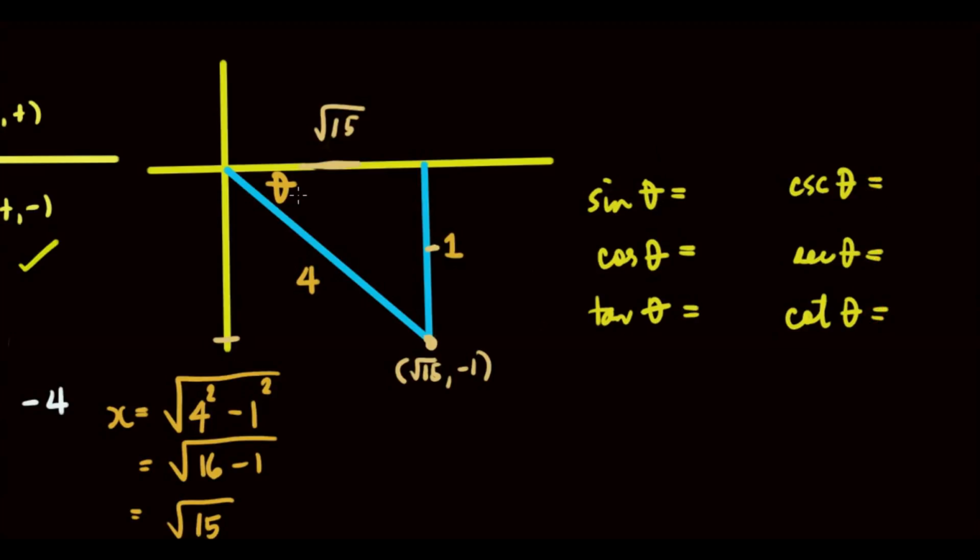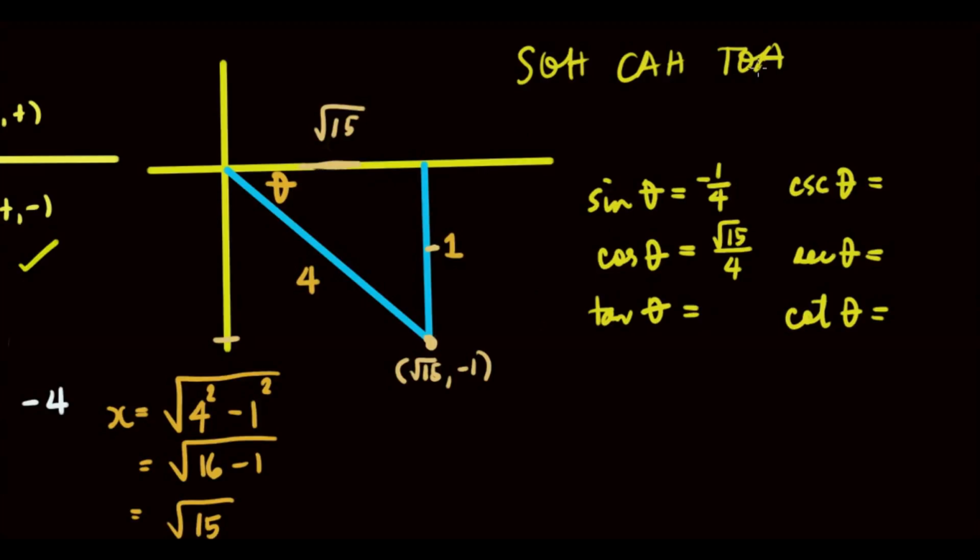Sine theta is opposite over hypotenuse, so it's negative 1 over 4. Cosine is adjacent over hypotenuse, square root of 15 over 4. This is positive because it's in the fourth quadrant, so positive ang x doon.